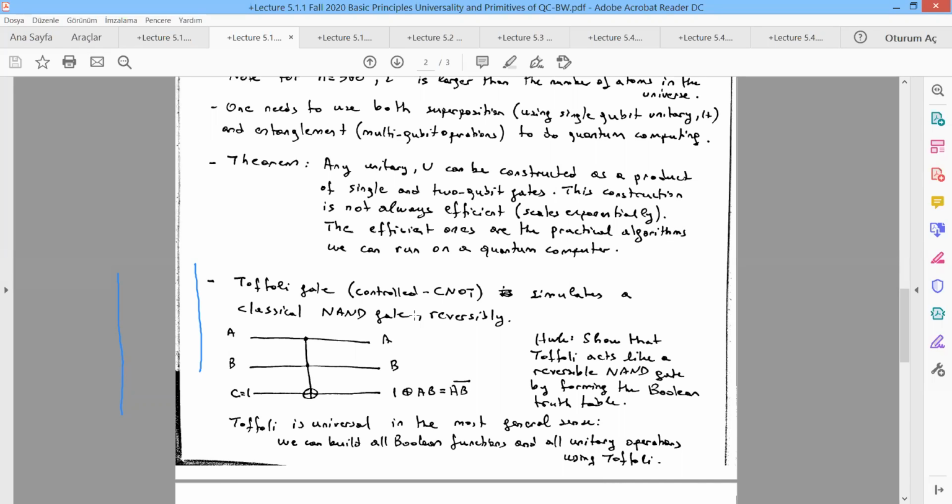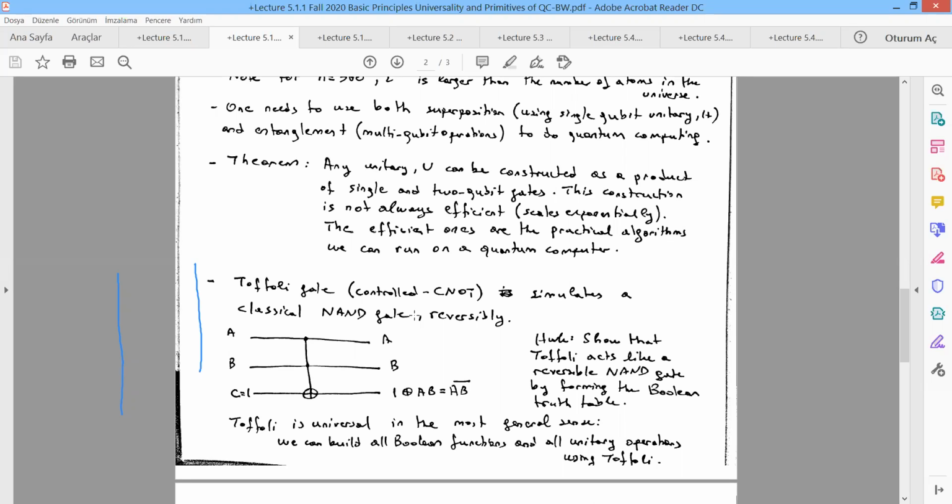Again, this does not guarantee efficiency of building these quantum computational circuits, but at least according to the theorem we discussed, it is possible. Not necessarily efficiently, but it is possible to construct.